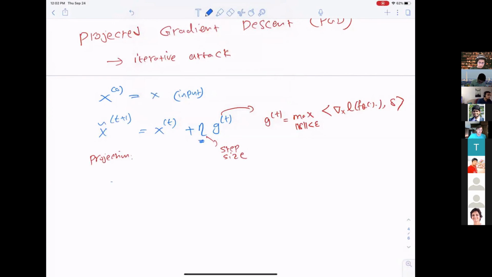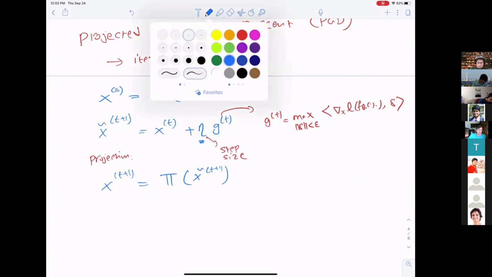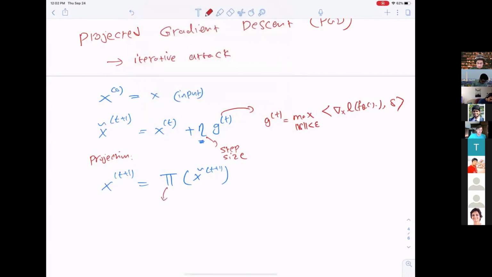And I'm going to look at xt plus 1 to be the projection of x tilde t plus 1. This projection is over the Lp norm that we are looking at. So we want to make sure that the norm of xt plus 1 minus my input x is less than or equal to epsilon, right? So that's basically the projection.